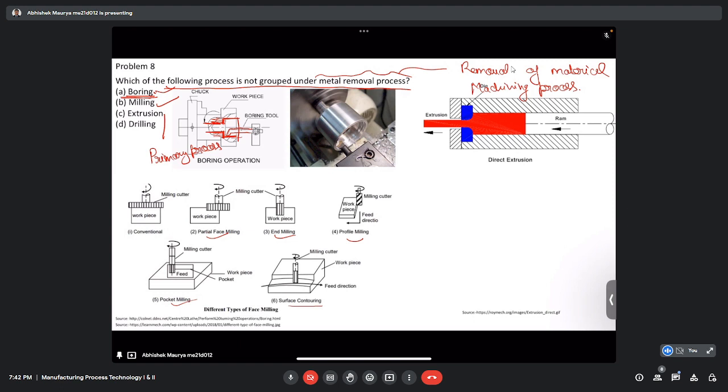We are not going to remove any material; we are just changing the shape of the material by applying temperature, or by applying force along with temperature. So here only shape change is involved.